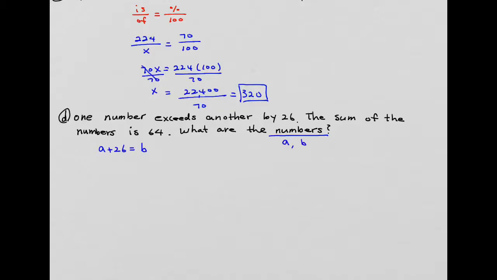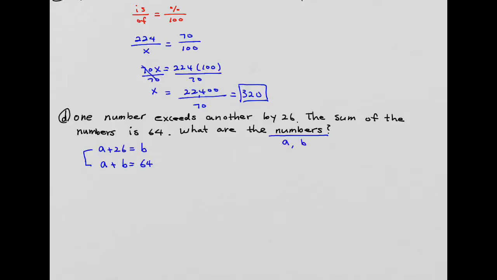And then the next sentence says that the sum of the numbers is 64. So sum is adding. So A plus B, you're going to end up getting 64. And we're going to use those two to find one number first, and then we should be able to find the other one.